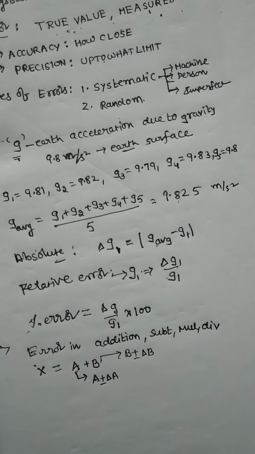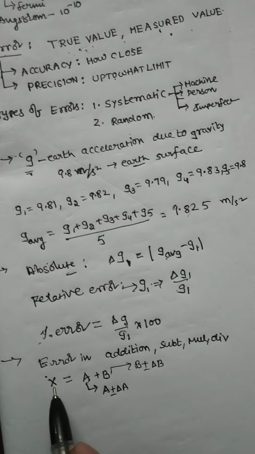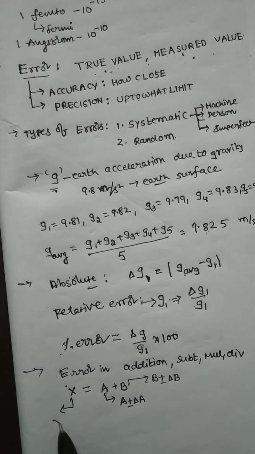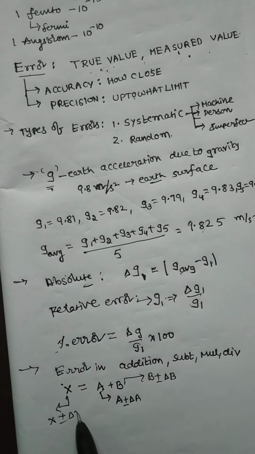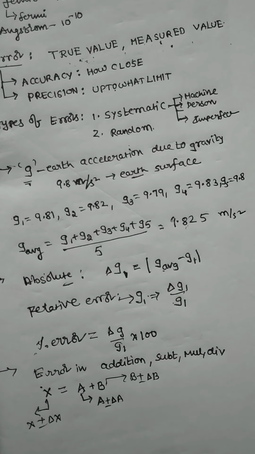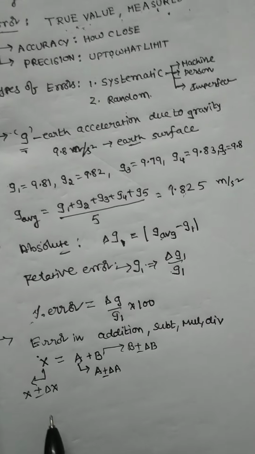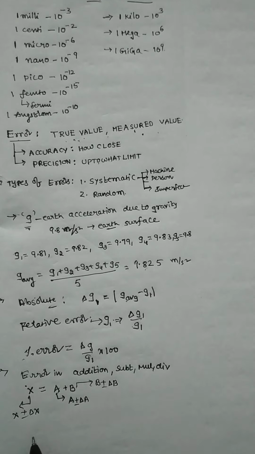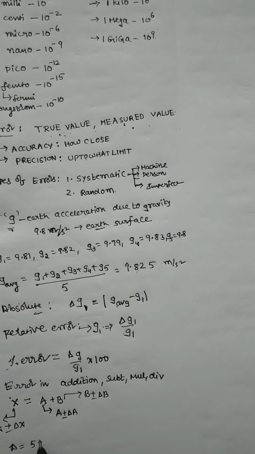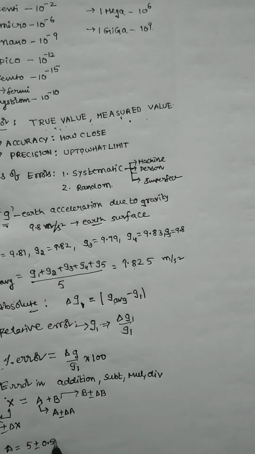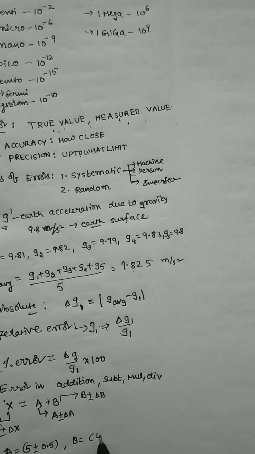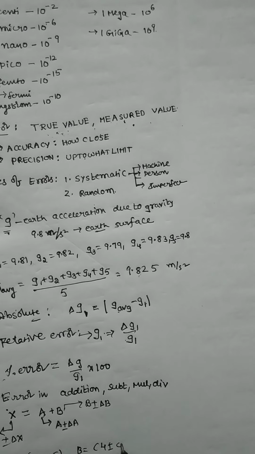So you will get the value of x as x plus or minus delta x. For example, let us consider a as 5 plus or minus 0.5 and b as 4 plus or minus 0.3.